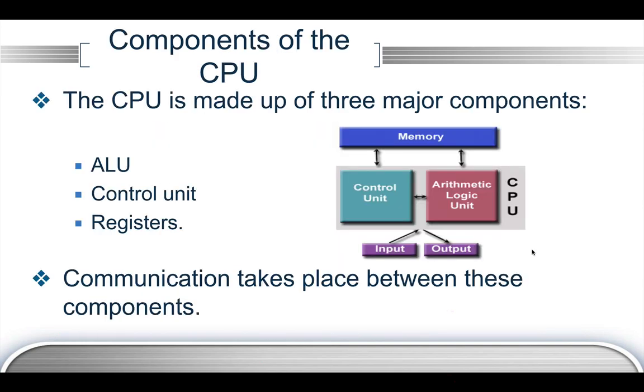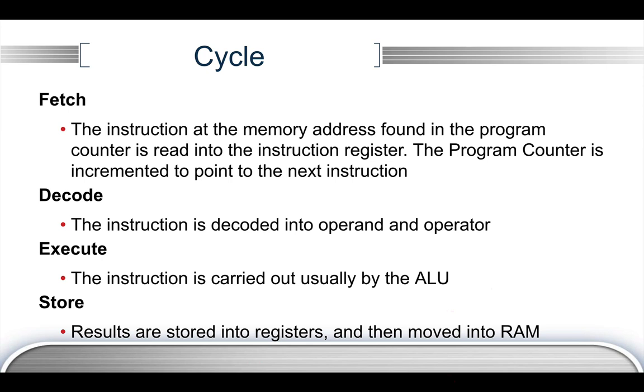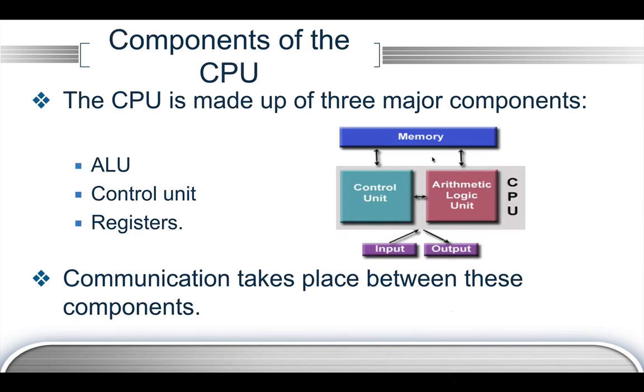In order to understand a lot of the subject-specific terminology here, like instruction register, program counter, and this ALU thing, you need to understand the three major components of the CPU, which are the ALU, the control unit, and the registers. Communication happens between these three parts.